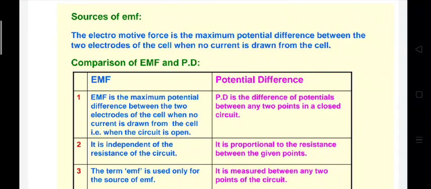We can also define terminal voltage as the potential difference across the terminals of the cell when the current is flowing in the circuit. Okay. So terminal voltage is the potential difference across the ends of the cell when the current is flowing in the external circuit.